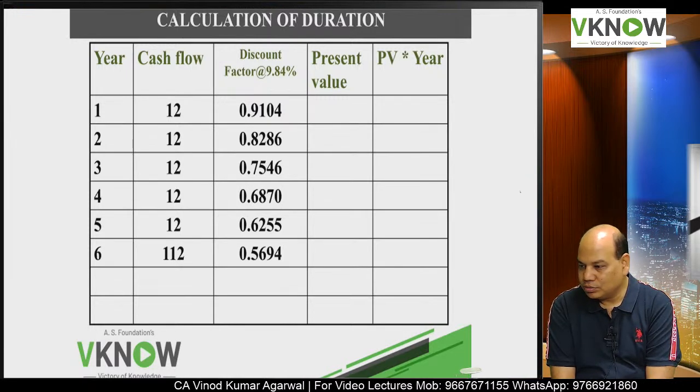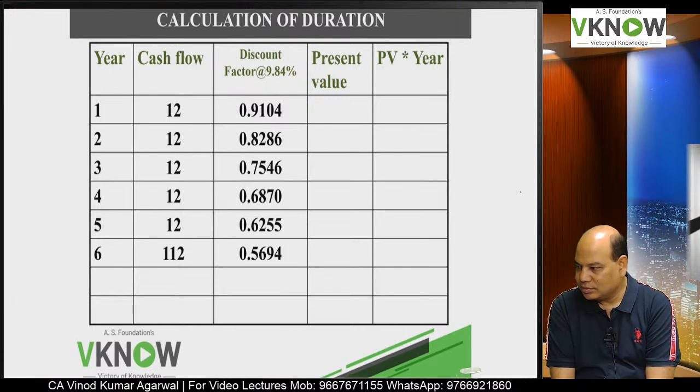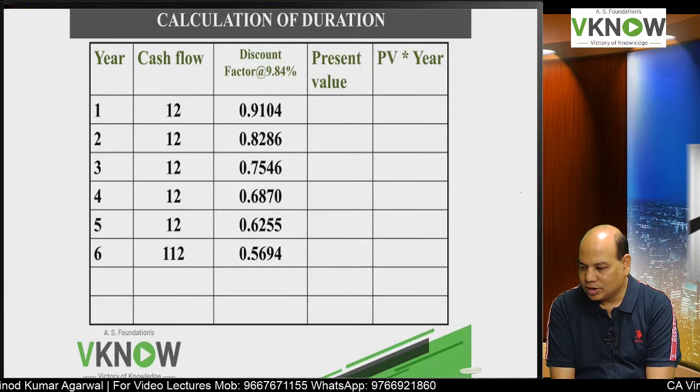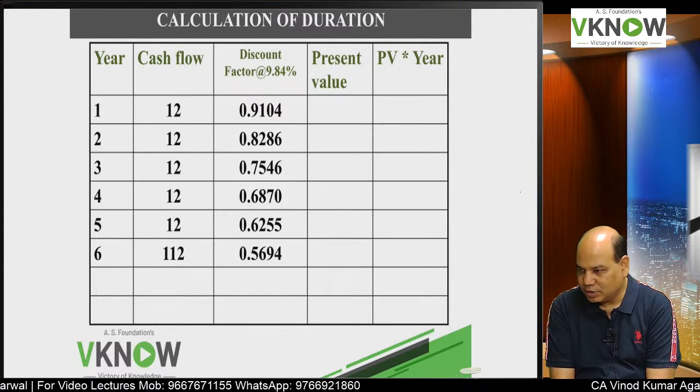Again press equal to: 0.8286, equal to 0.7546, equal to 0.6870, equal to 0.6255, again equal to 0.5694. Now please complete the table yourself.